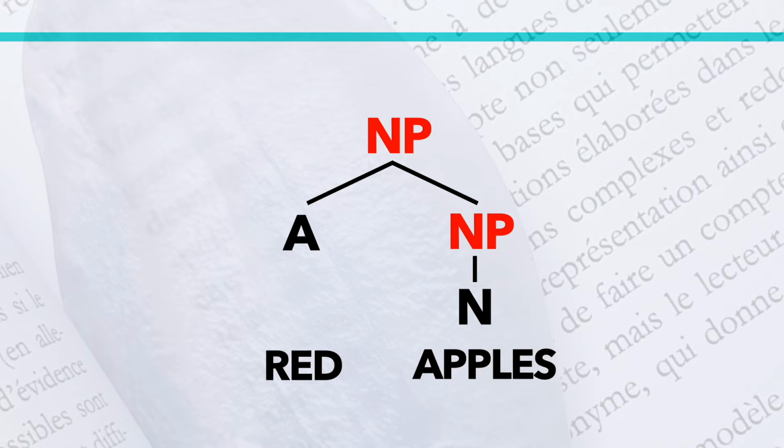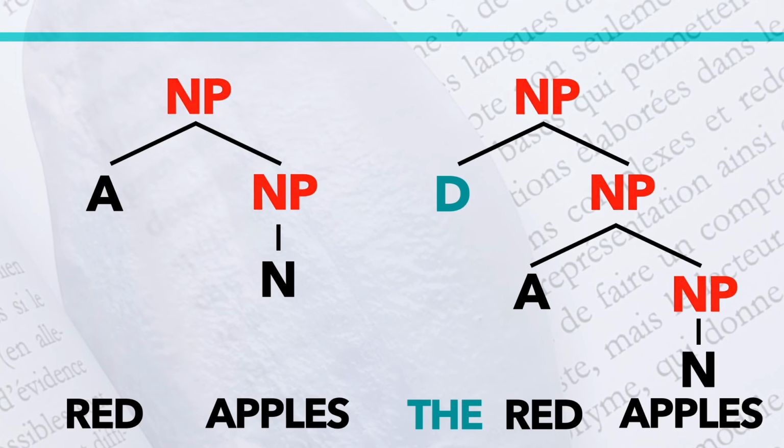However, another problem arises. We cannot distinguish between specifiers and adjuncts. Think about this. How would you draw a tree for the red apples? In the phrase the red apples, the adjunct red doesn't change the grammaticality of the phrase.